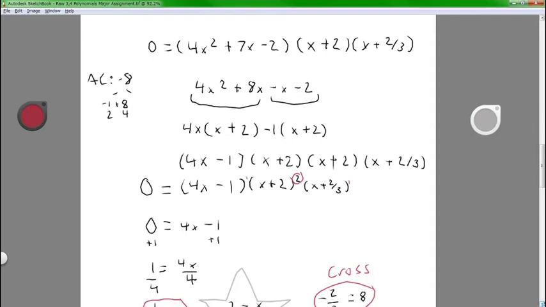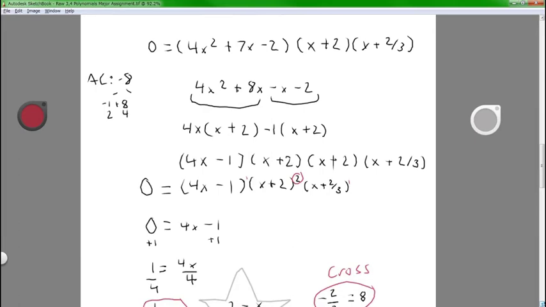So now you can just split them up, so now you have 4x squared plus 8x minus x. You don't actually have to write 1x, and that'll give you, oh, minus 2. Factor it out. Notice that the greatest common factor between 4x squared and 8x is 4x, so I factored that out.